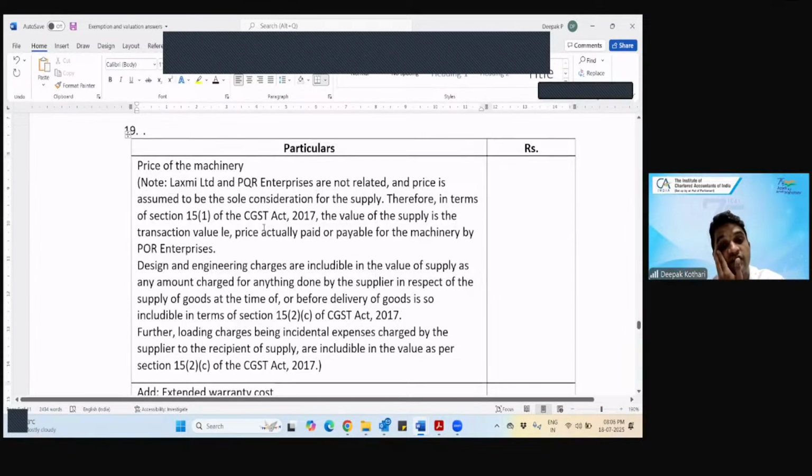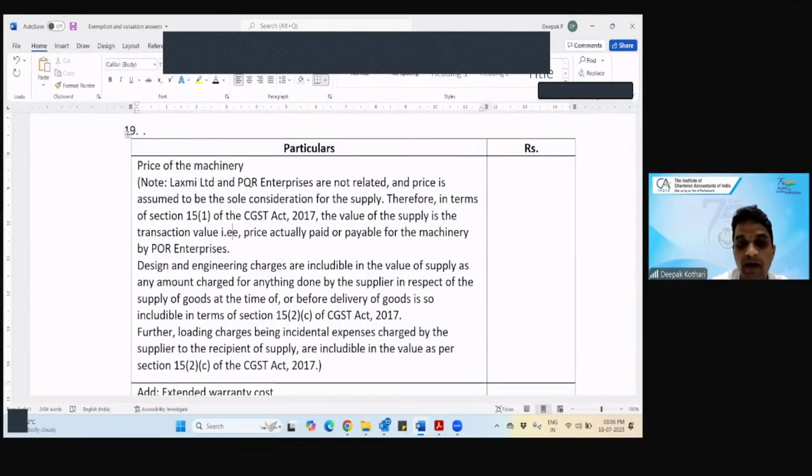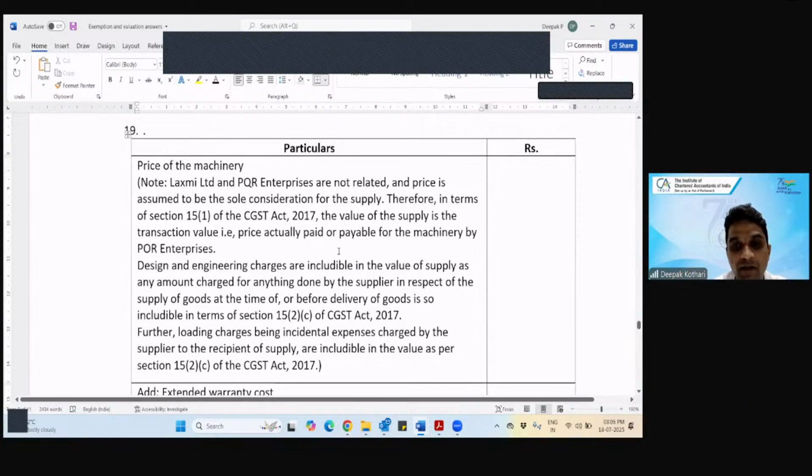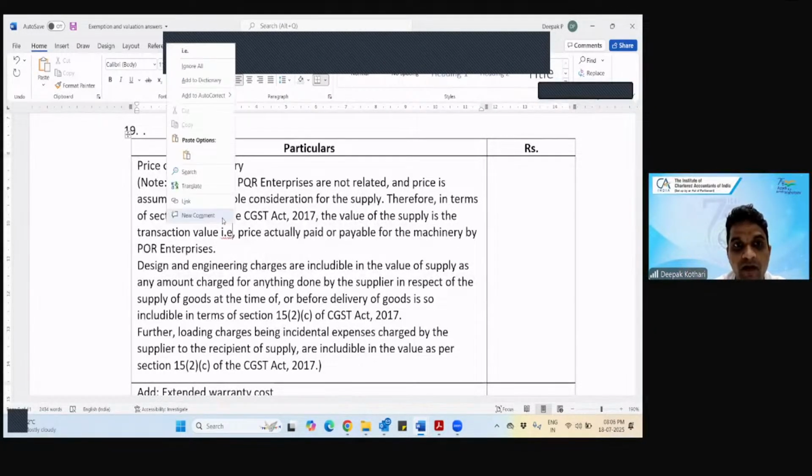Therefore, in terms of section 15(1), the value of the supply is the transaction value. That is the price which is actually paid or payable for the machinery by PQR Enterprises.